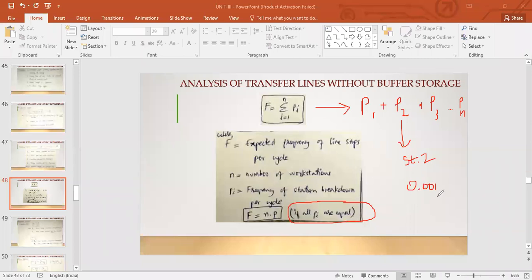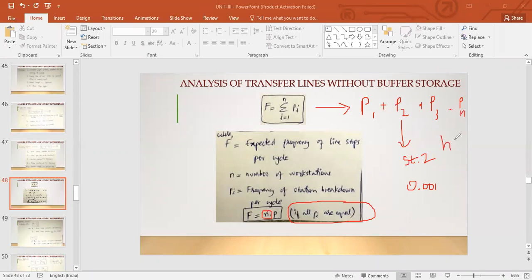We have all learned probability in mathematics. So the probability of station breakdown 2 is, let's say, this one could be different, the third could be different, but for simplification purposes they are all the same. So how will you calculate the total frequency of breakdowns? You'll multiply by the number of workstations, 1, 2, 3, so on up to n.